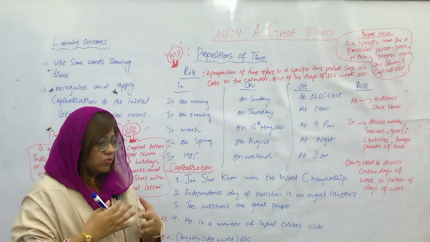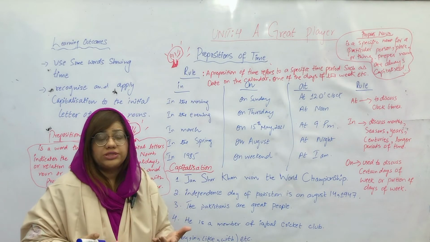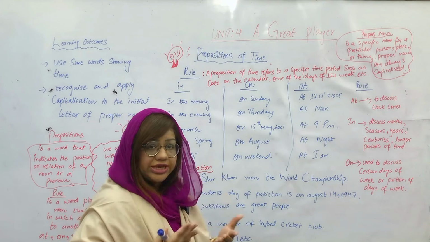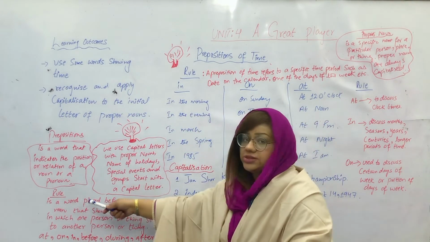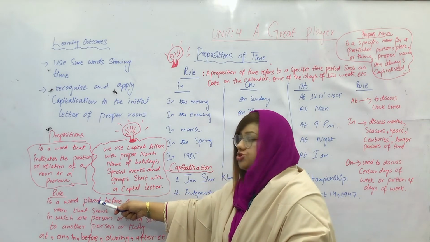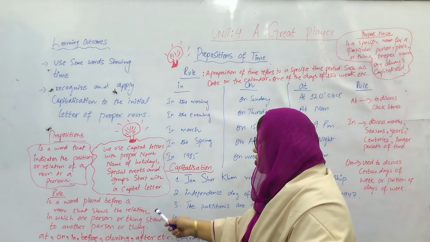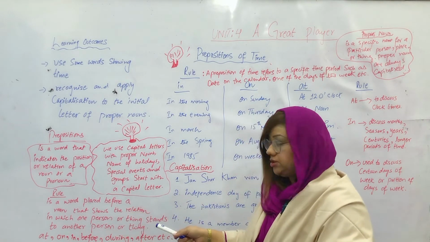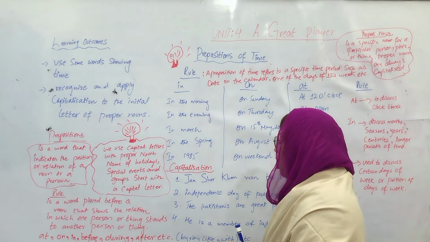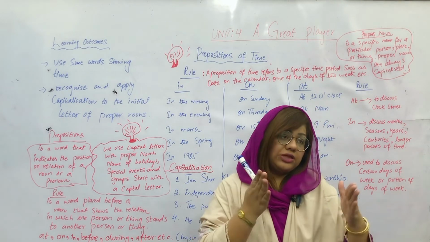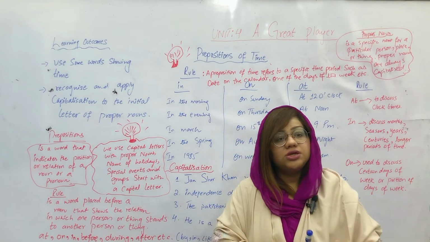Now, what are prepositions? Here you can see the rule. A preposition is a word placed before a noun that shows the relation in which one person or thing stands to another person or thing.